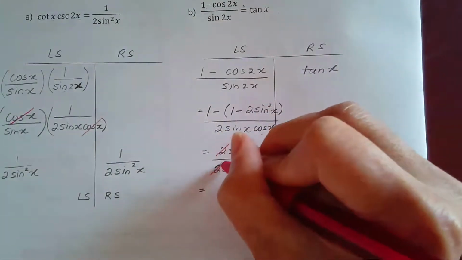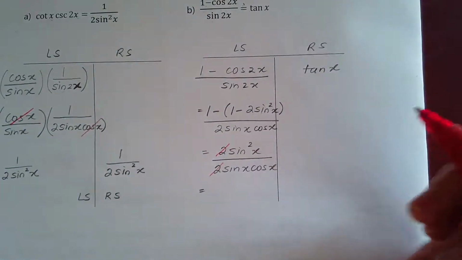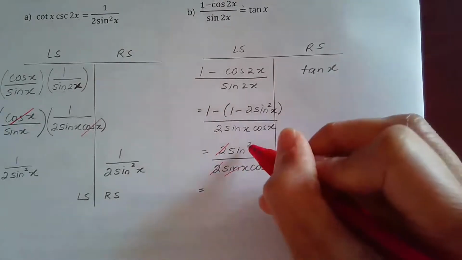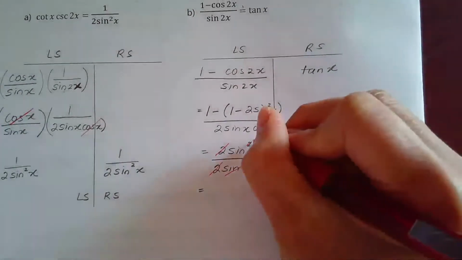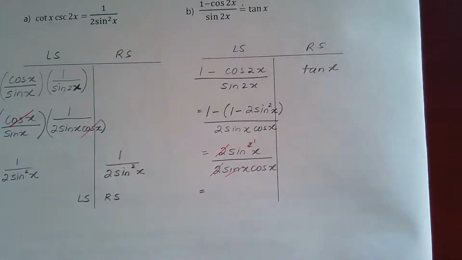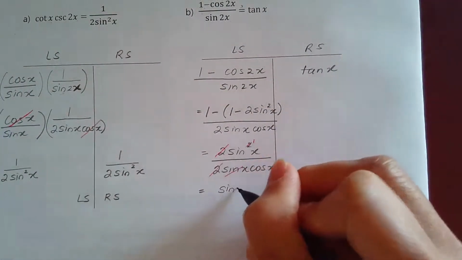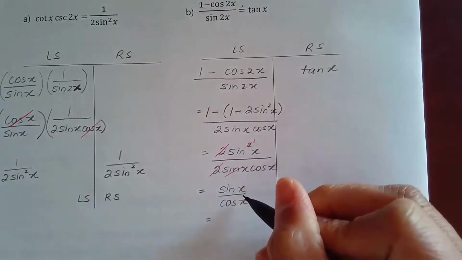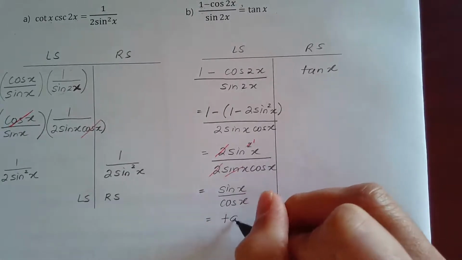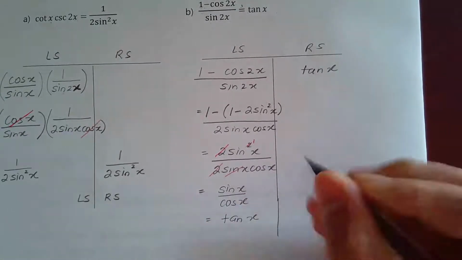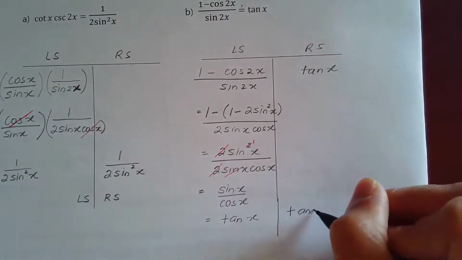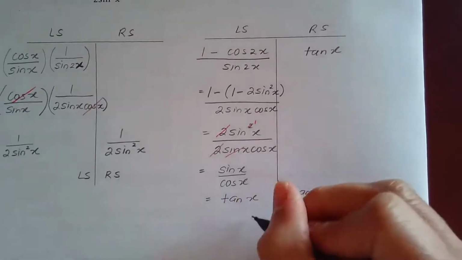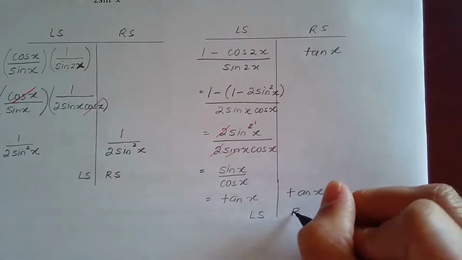The 2 cancels, and sine of x will cancel one factor of sine squared of x. So that's just sine of x over cos of x, and sine of x divided by cos of x is the same thing as tangent of x. So the left side equals tangent of x, and the right side is also tangent of x. So the left side is equal to the right side.